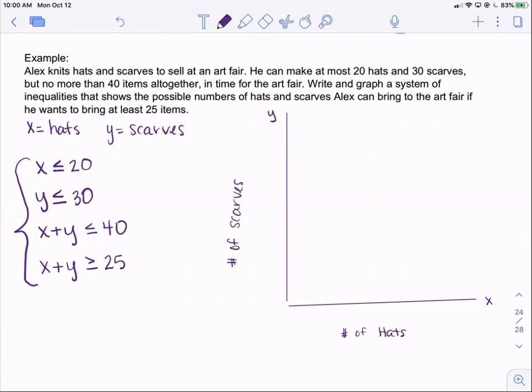All right, so first one we have x is less than or equal to 20. So that's going to be a vertical line. I'm going to go by 5s on my graph. We're going to have a vertical line at 20. And it's solid because it's equal.